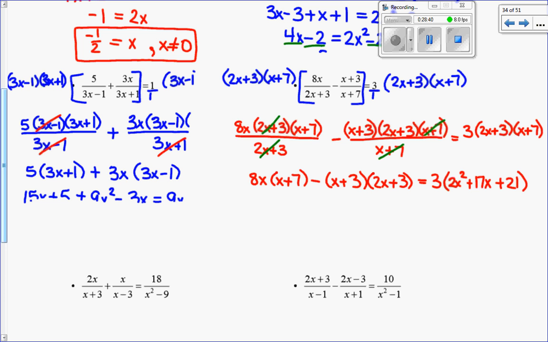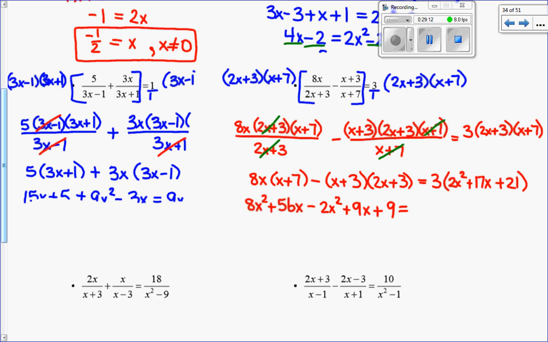All right, now let's multiply 8x times x plus 7. We'll have 8x squared plus 56x minus, then we have to multiply x plus 3 times 2x plus 3 using FOIL. So x times 2x is 2x squared plus 3x plus 6x is 9x. 3 times 3 is 9.